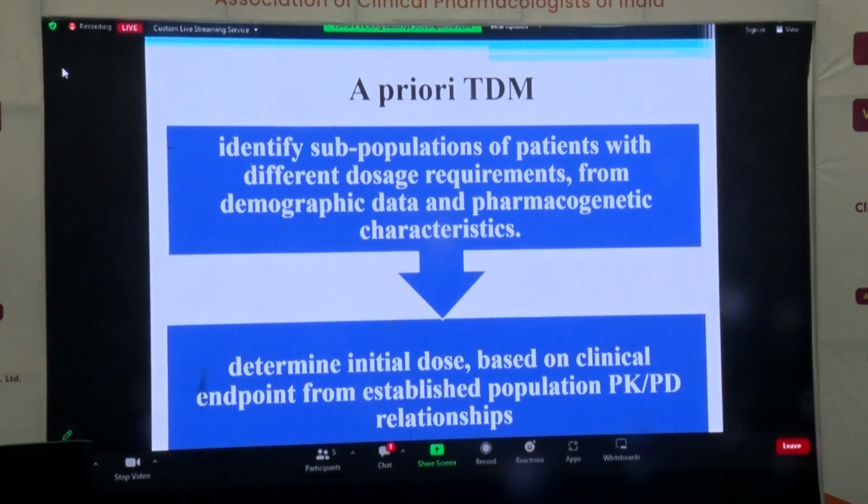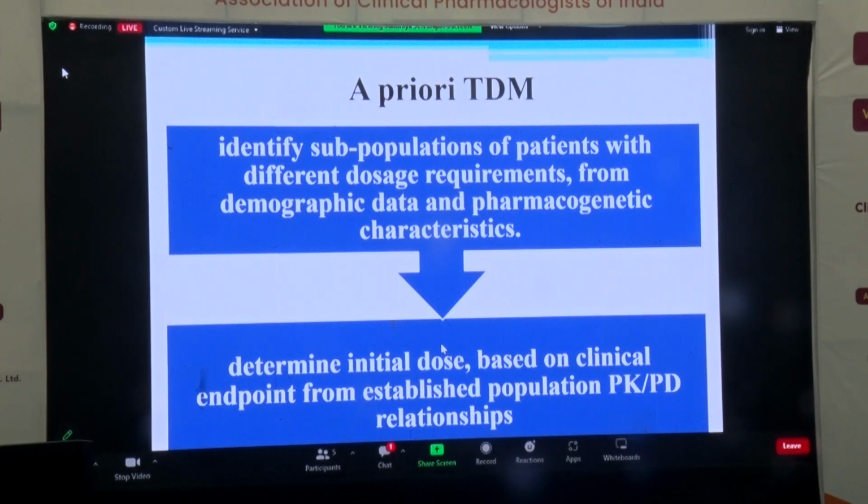For example, what should be the initial dose for patients with hepatic impairment, or what should be the initial dose in children below 5 or 6 years. So we identify subpopulations and try to find out the dosage requirement using population PKPD models.